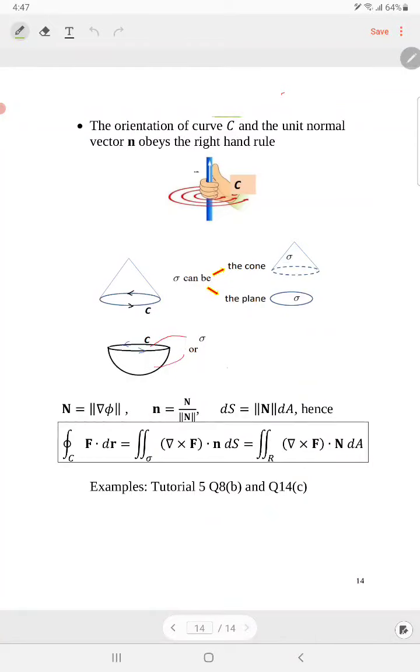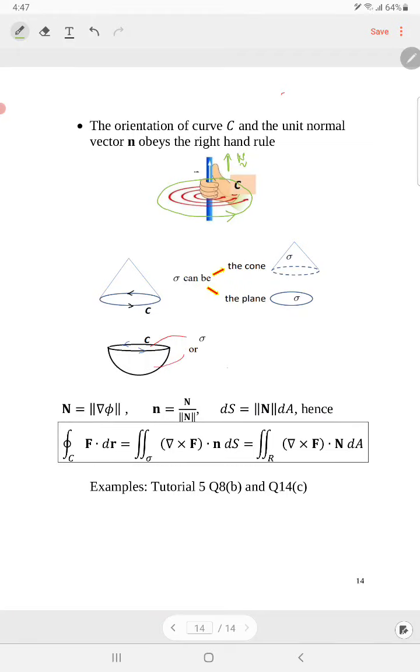Now, the orientation of the closed curve C and the unit normal vector n obey the right hand rule. Your right hand thumb represents the normal vector to the surface, and your fingers represent the orientation of the closed curve. In this case, the orientation would be anti-clockwise.